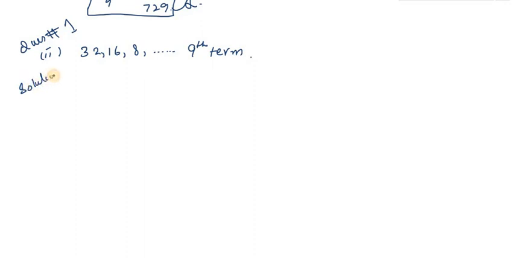So here a is the first term, 32, and the ratio is the second term 16 divided by the first term 32, which is 1 upon 2. And the indicated term is the ninth, so n is 9.